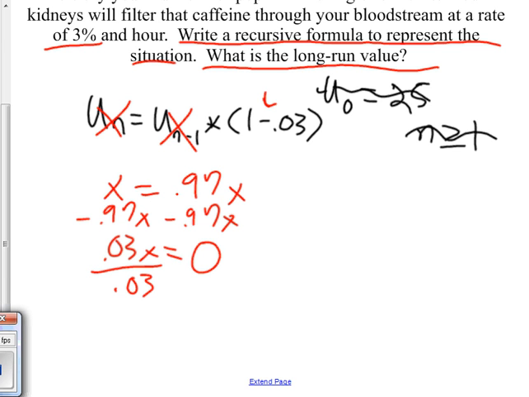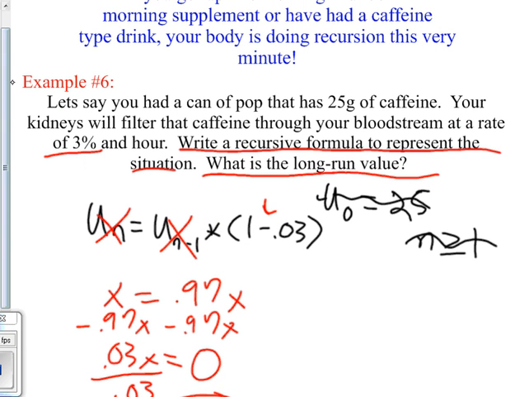Dividing by 0.03, x is equal to 0, because 0 divided by anything is always going to be 0. So in this case, our long run value is 0. It's just getting smaller and smaller, which makes sense because if you take 3% of something constantly, it's never going to reach 0. It's just going to keep getting closer and closer and closer towards 0.